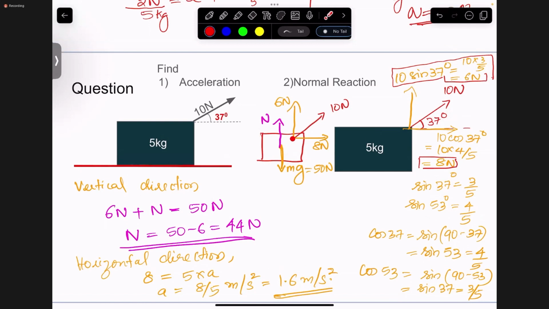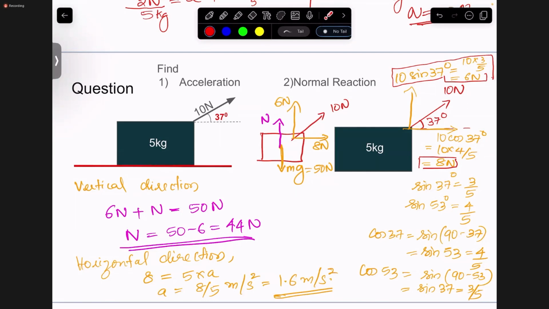And the pulling, if you are pulling it by 10 Newton, due to this angle of 37 degree, this horizontal force won't be equal to 10 Newton. So the motion will have an acceleration which is proportional to the horizontal force being exerted.